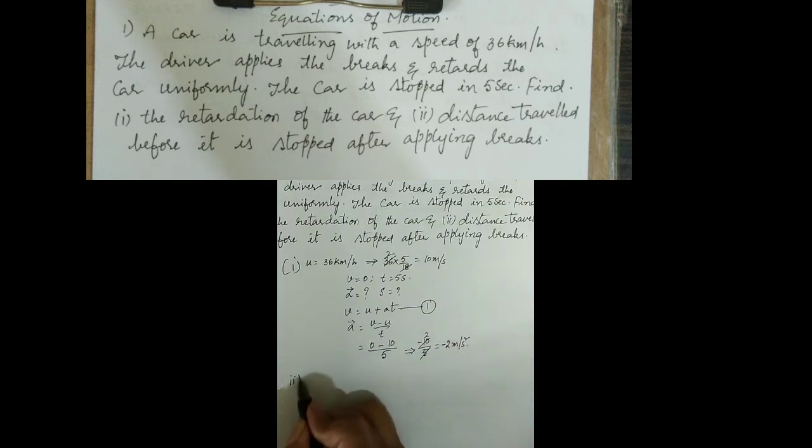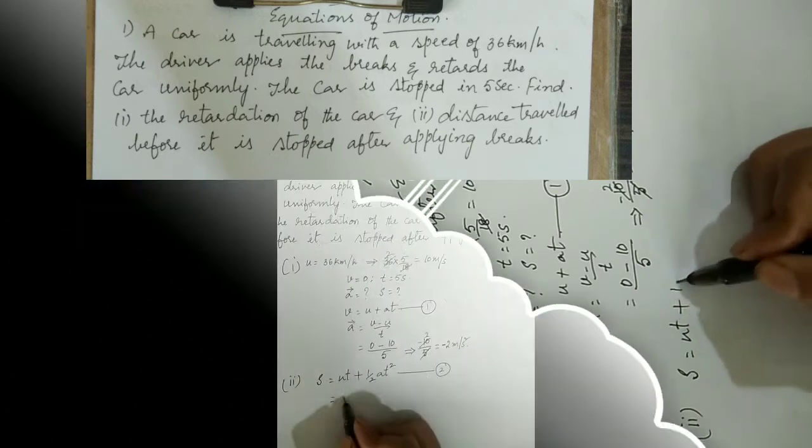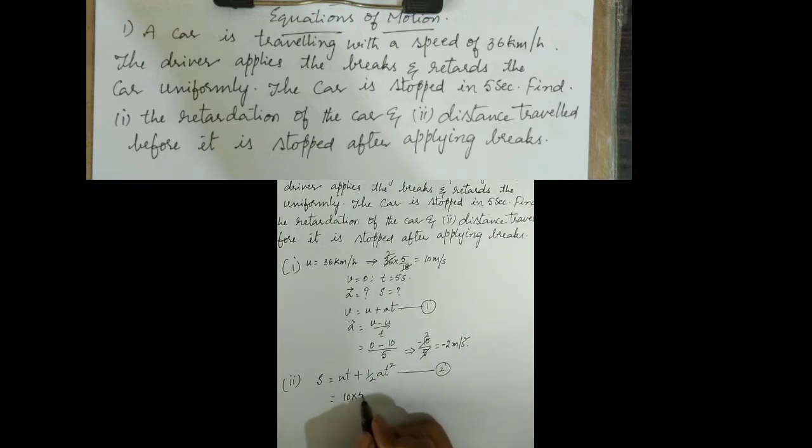The second one is, what is the distance travelled before it is stopped after applying brakes? So s is equal to ut plus half at square. u is 10 into 5 seconds, plus half into a, which is minus 2, into 5 into 5, substituting the values.